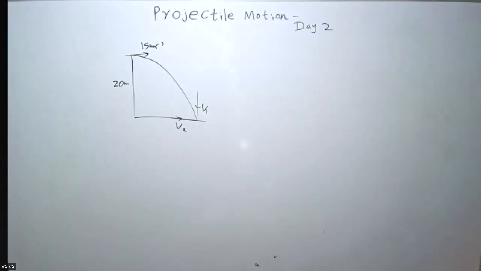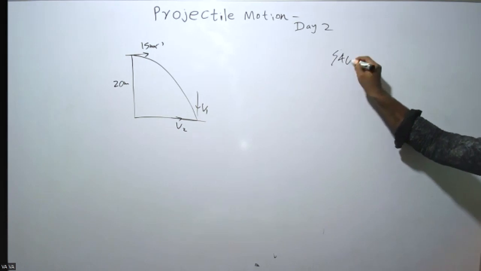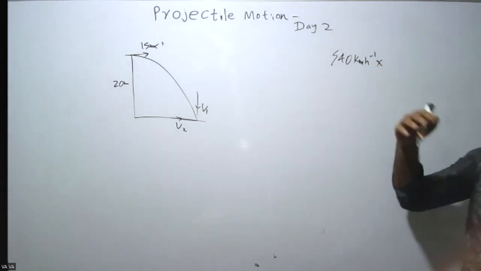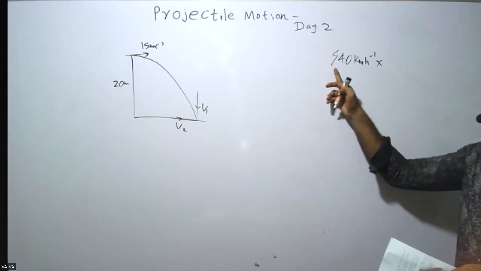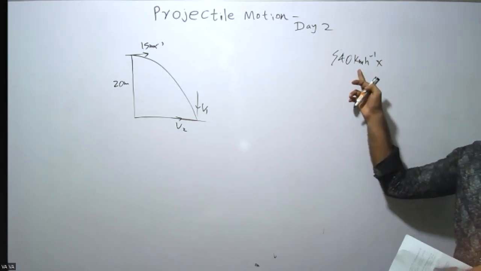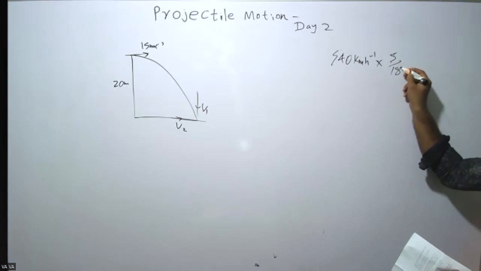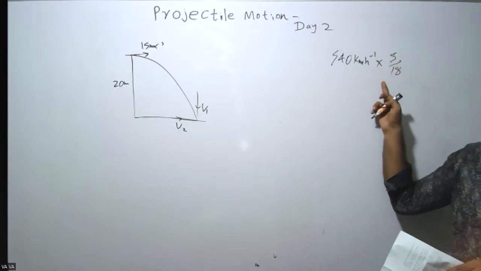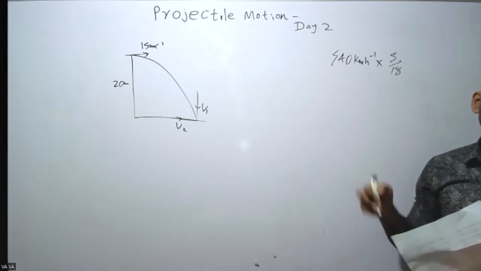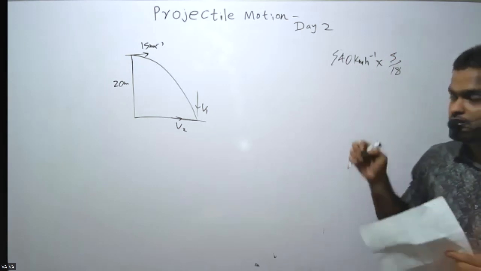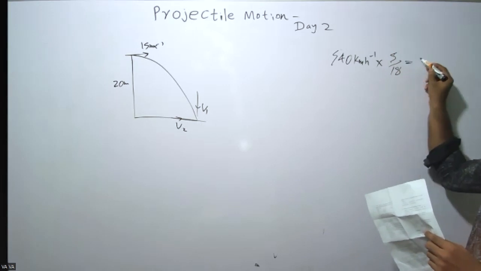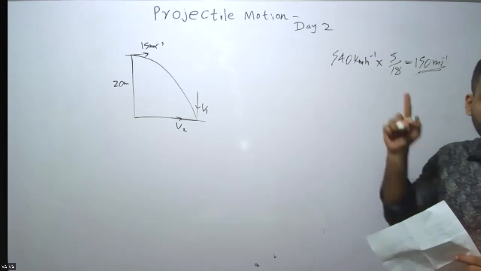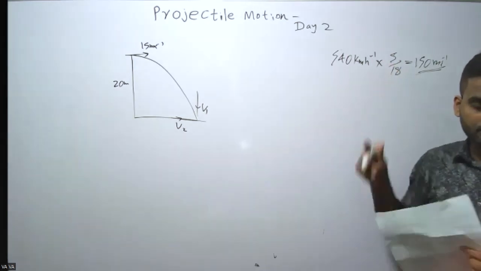Last time I told you how to convert this into meters per second at once. To do that conversion, you just have to multiply by 5 over 18. You need to remember that, right? You can convert this into meters per second at once. You need to remember this factor, 5 over 18.